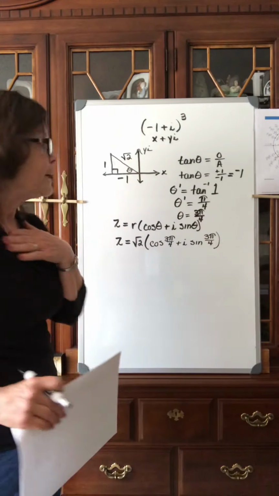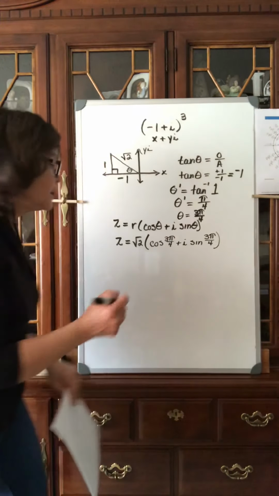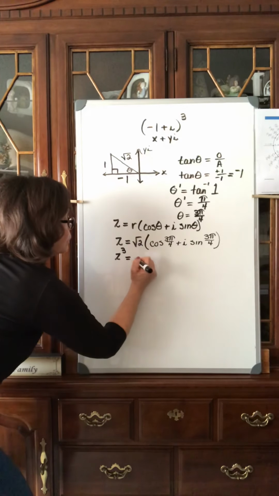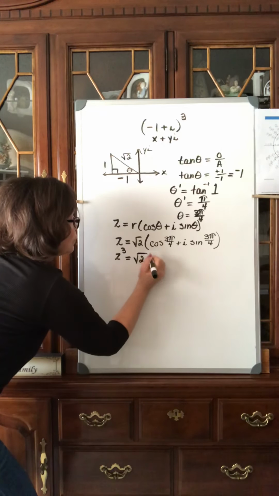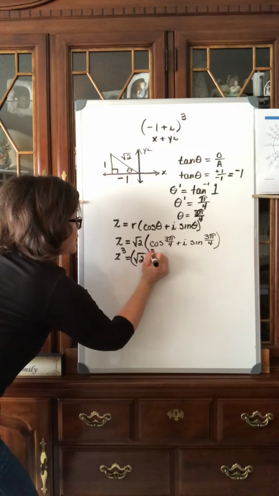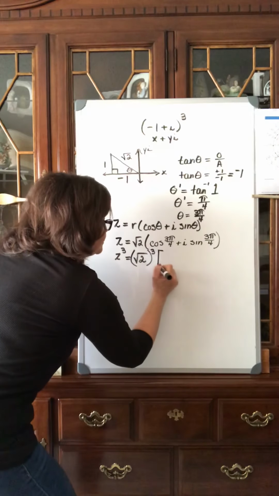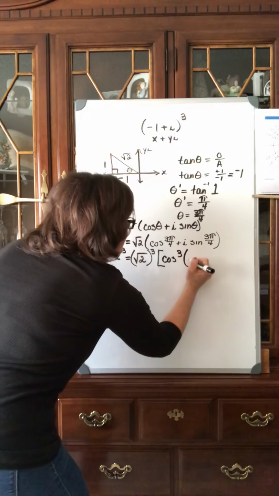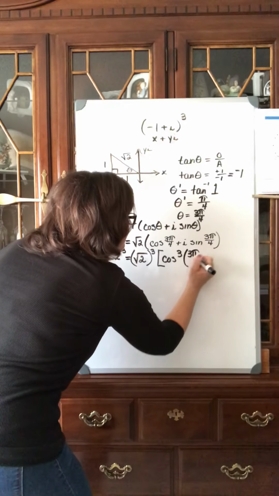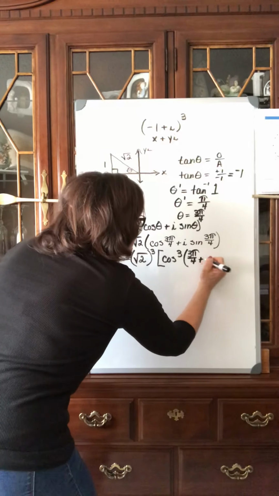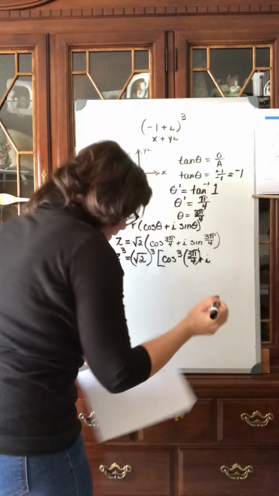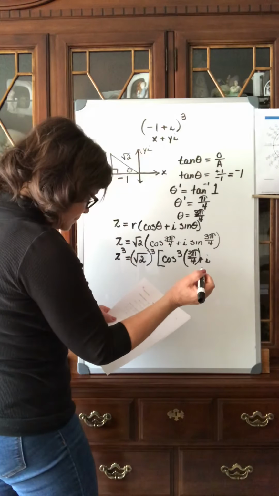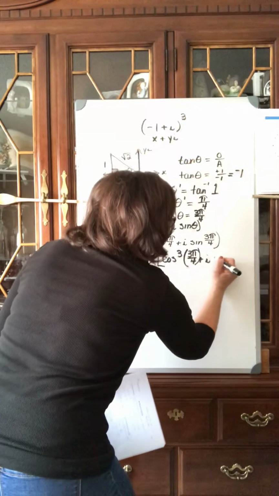But what we need to evaluate is this complex number cubed. So z cubed would be equal to the square root of 2 cubed times the cosine of 3 times 3 pi over 4 plus I times the sine of 9 pi over 4.